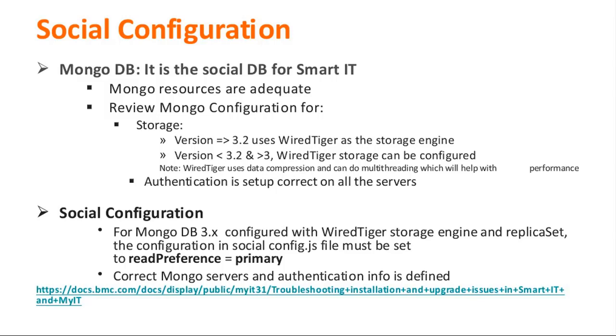You can have primary Mongo, secondary Mongo, etc. So there's a configuration file for social on the Smart IT server, which is the config.js file. In this file, you need to make sure you set the read preference to primary. This is good only if you are using the WiredTiger storage engine.